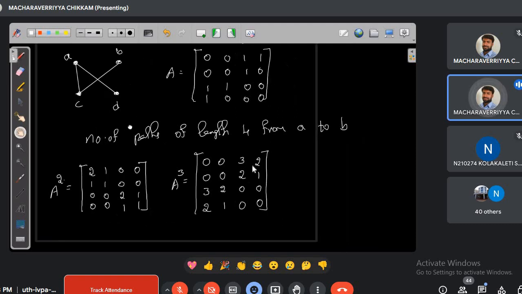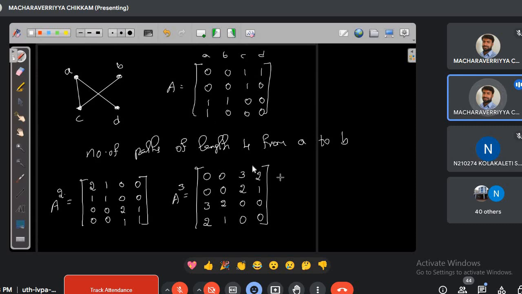And we are just one step away from finding A power 4. A power 4 is, from the last two, 5, 3, 0, 0.